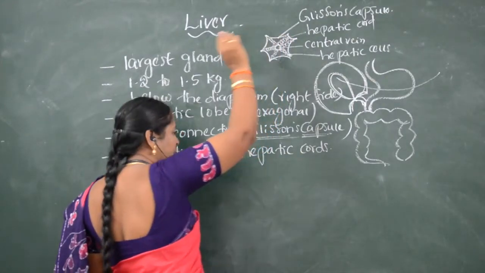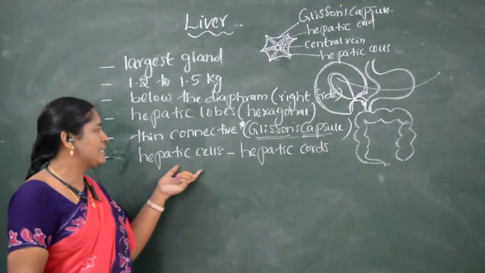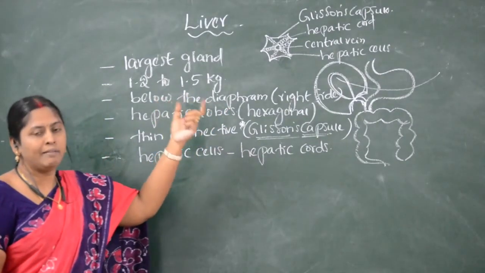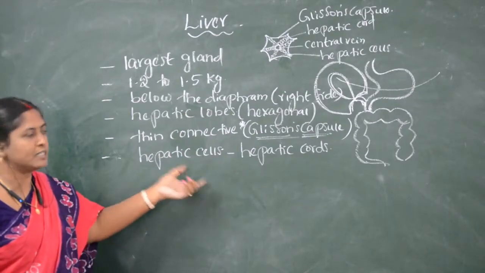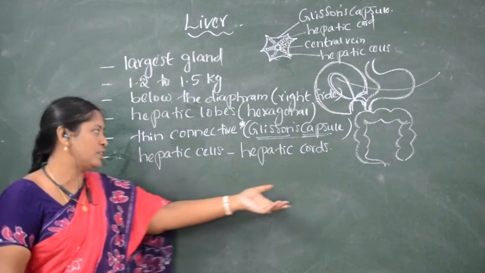Why do we call them hepatic cells? The cell of the liver is called a hepatic cell.